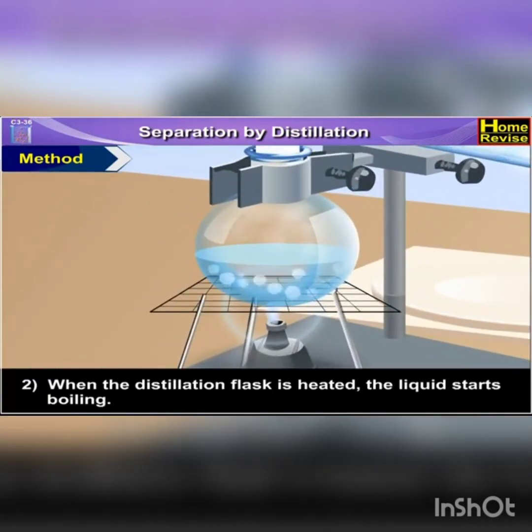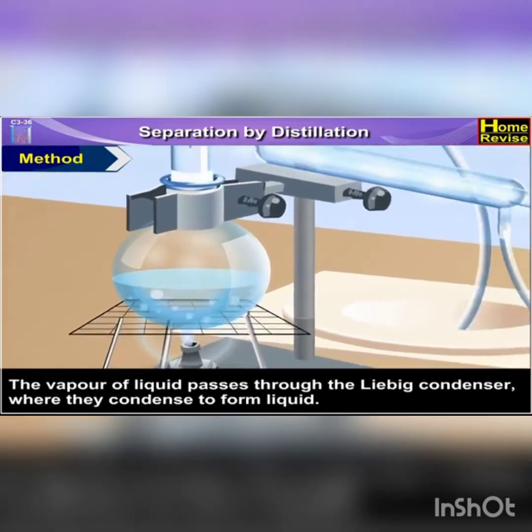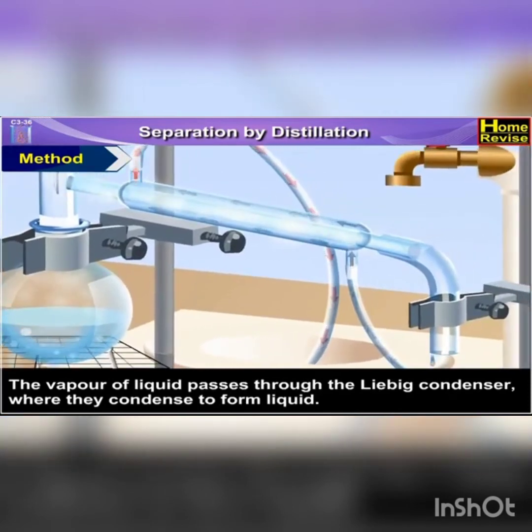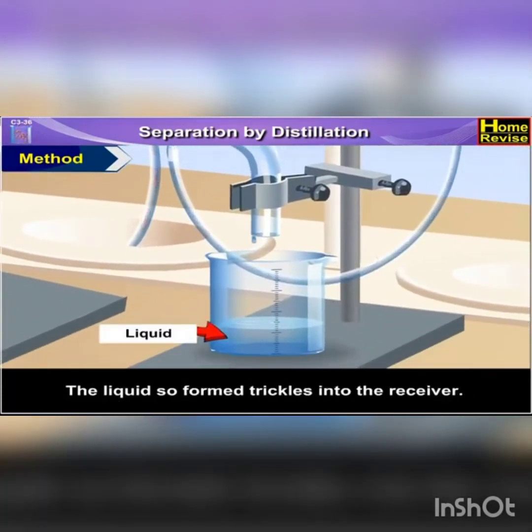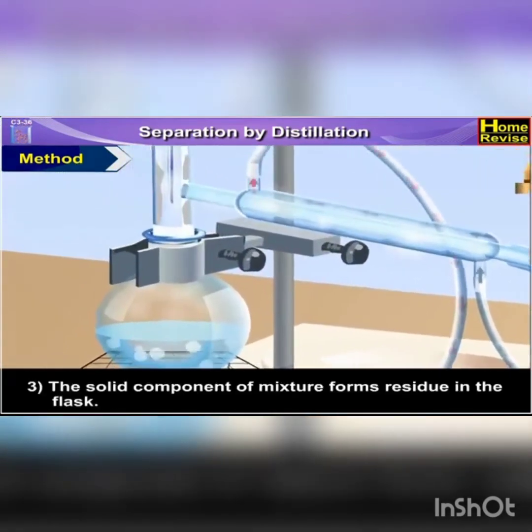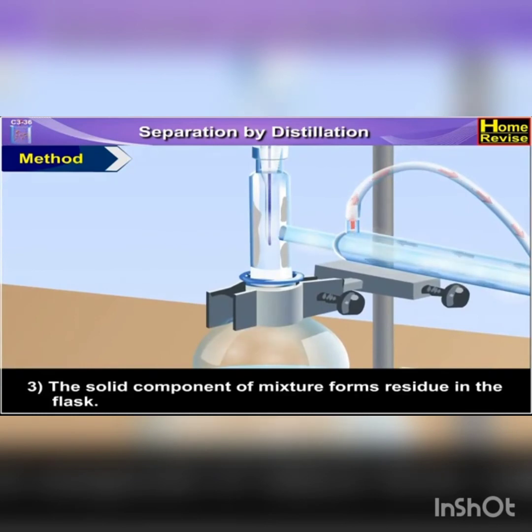When the distillation flask is heated, the liquid starts boiling. The vapor of liquid passes through the Liebig's condenser, where it condenses to form liquid. The liquid so formed trickles into the receiver. 3. The solid component of the mixture forms residue in the flask.